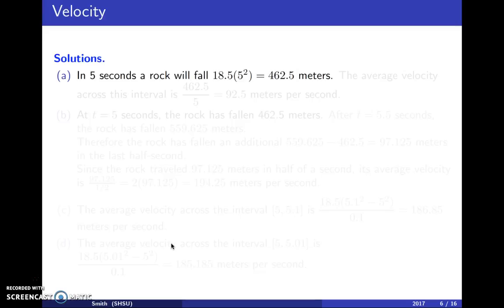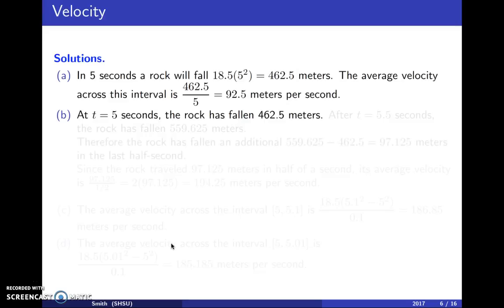In the first case, in 5 seconds, the rock will fall 46.25 meters. So the average velocity is, it fell 46.25 meters in 5 seconds. The ratio then is 92.5 meters per second. In the second problem, we began with t equals 5. At that point, the rock had fallen 462.5 meters, and after 5.5 seconds, according to my calculator, it had fallen about 560 meters.